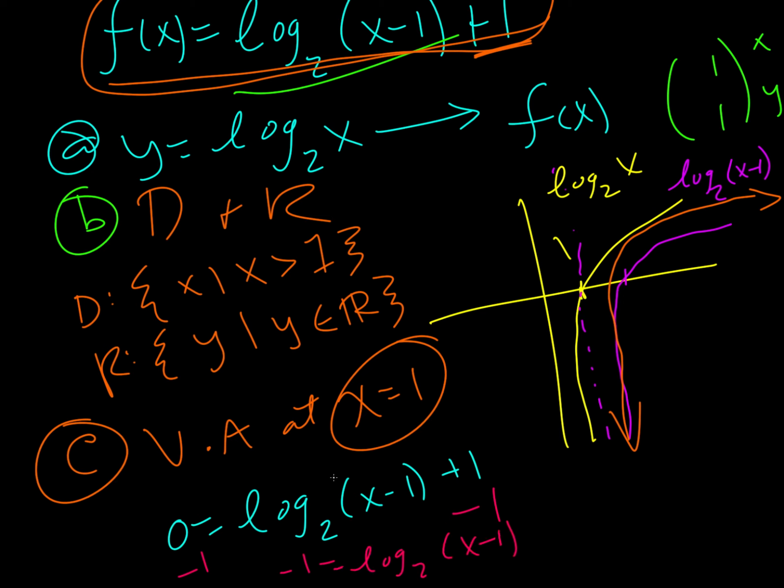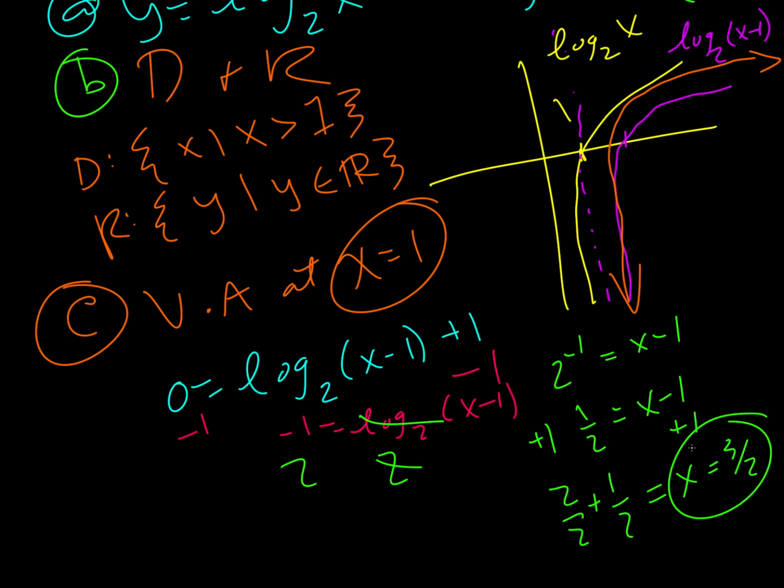Then we add 1 to both sides, and we think of 1 as 2 over 2 plus 1 over 2. Then x equals 3 over 2, or 1.5, so it ended up being right in the middle. To answer the question, we have an x-intercept at 3/2.